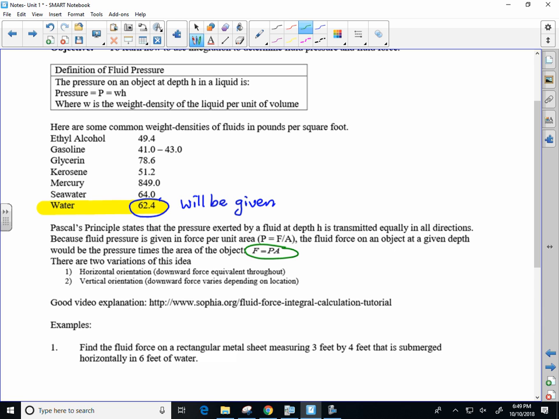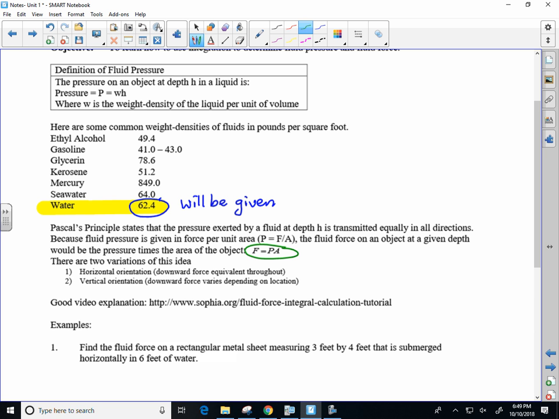Now, fluid force is that fluid pressure multiplied by area. I'll read it anyway. Pascal's principle states that the pressure exerted by a fluid at depth h is transmitted equally in all directions. Because fluid pressure is given in force per unit area, P equals F over A. A fluid force on an object at a given depth would be the pressure times the area of the object.